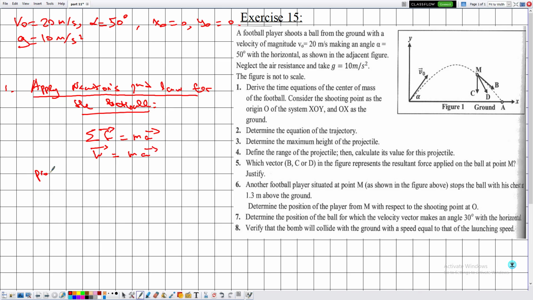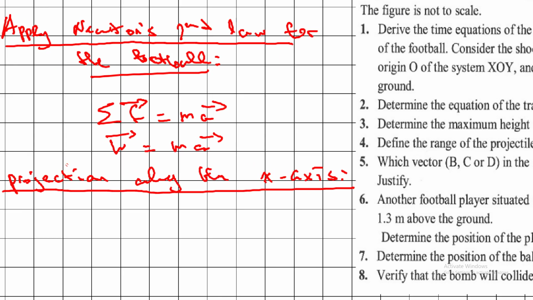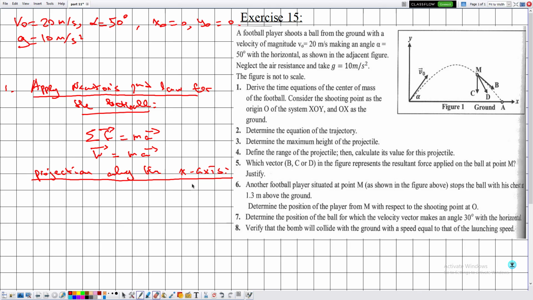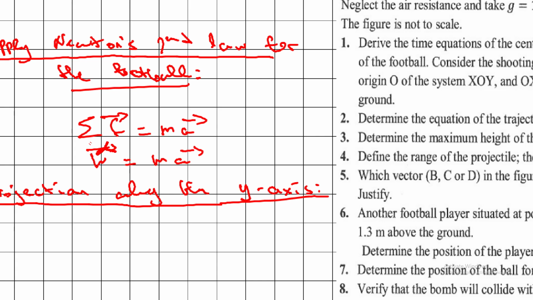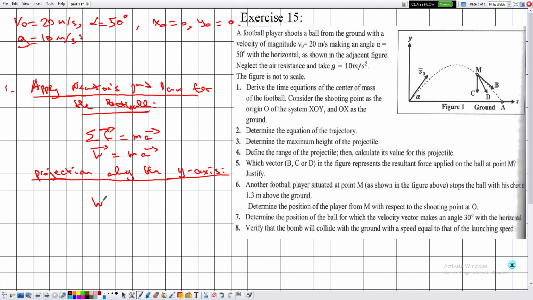So let me say projection along the x-axis, so simply we drop down the vector quantities. Let me say first projection along the y-axis. We drop down the vector quantity and each vector quantity will carry the label y.